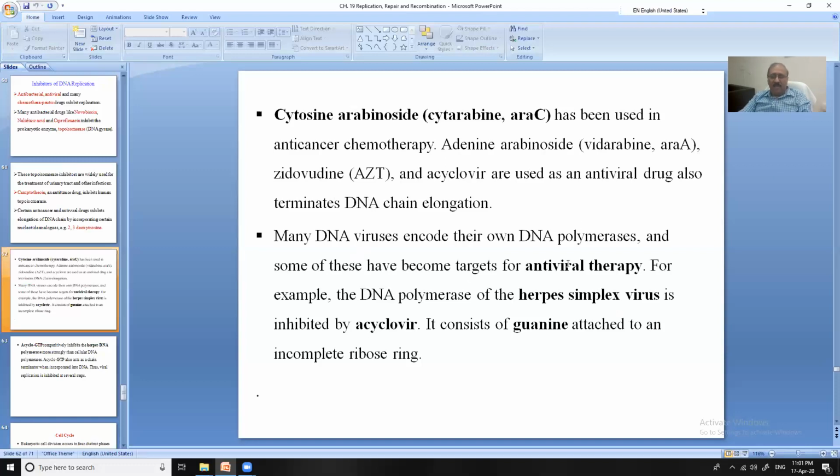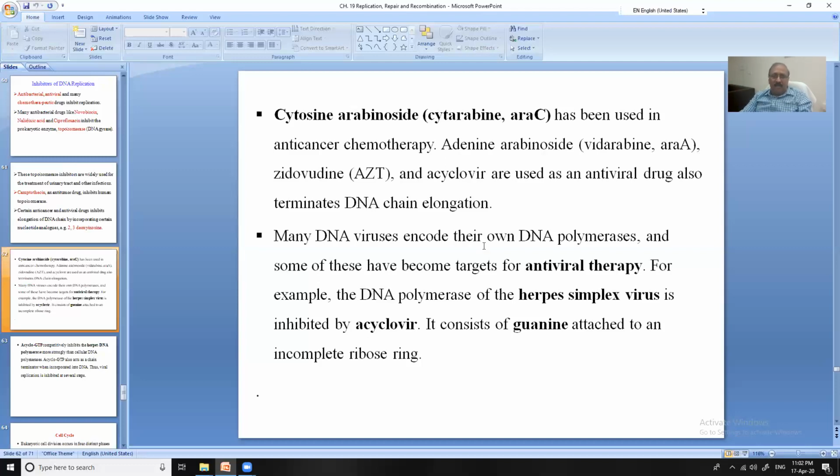Many DNA viruses encode their own DNA polymerases. You know, in a virus there is a protein coat and there is a DNA or RNA molecule. If it is DNA, it is known as a DNA virus. If it is an RNA molecule, it is known as an RNA virus. Nowadays we are hearing about COVID-19, which is an RNA virus.